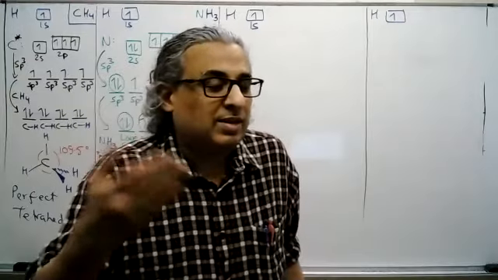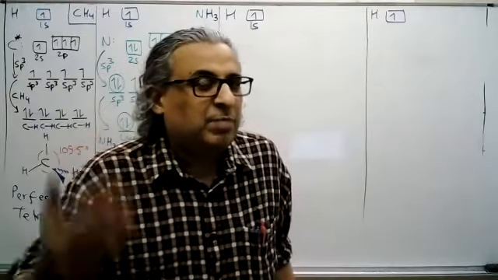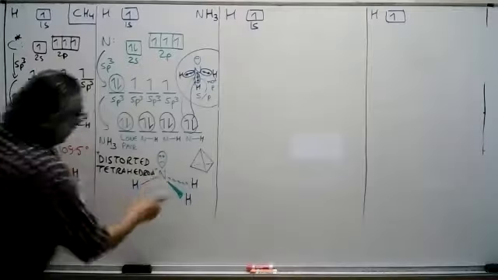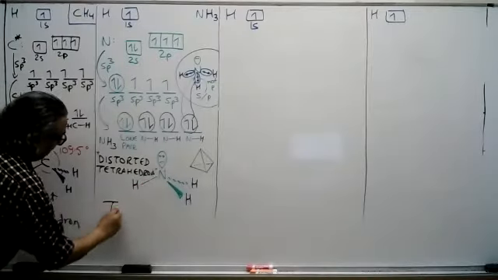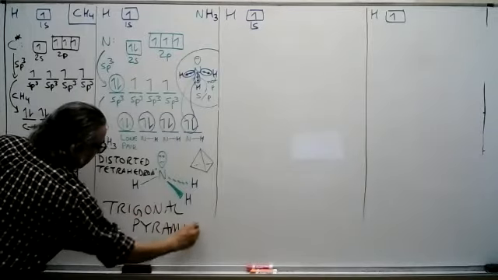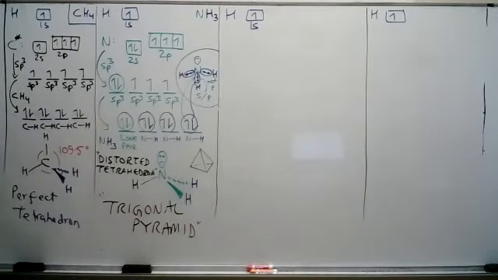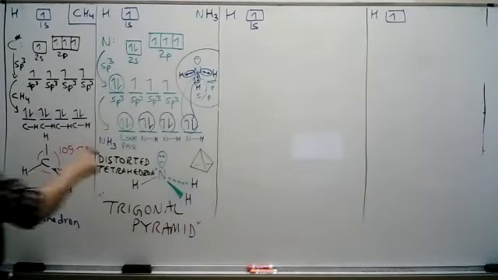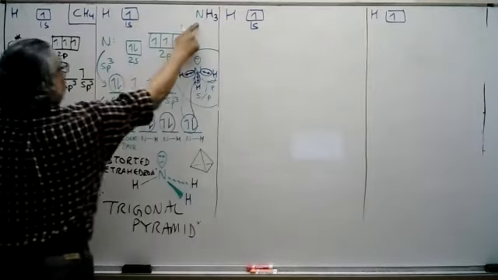Anybody remembers? Something pyramid. Trigonal. Oh, trigonal pyramid. There you go. This is also called trigonal pyramid. That's how the molecule between hydrogen and nitrogen looks like.